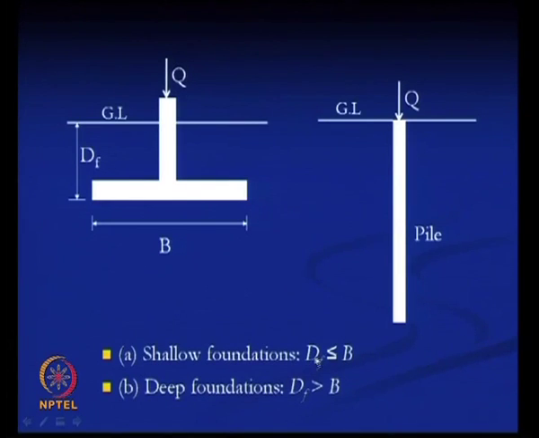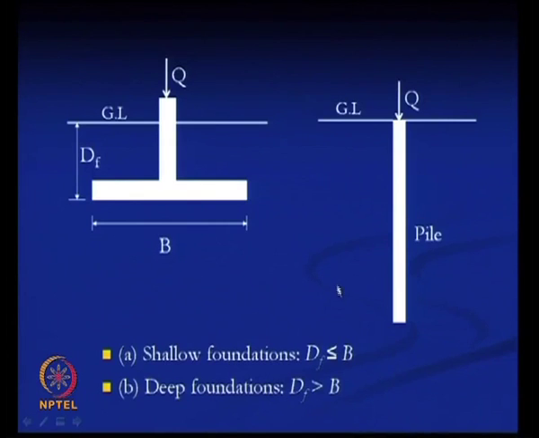If df is less than or equal to B, the width of the foundation, then this is called a shallow foundation. If df is greater than B, then it is called a deep foundation. But in a few cases, if df is equal to 3 to 4 B, it is also called a shallow foundation.